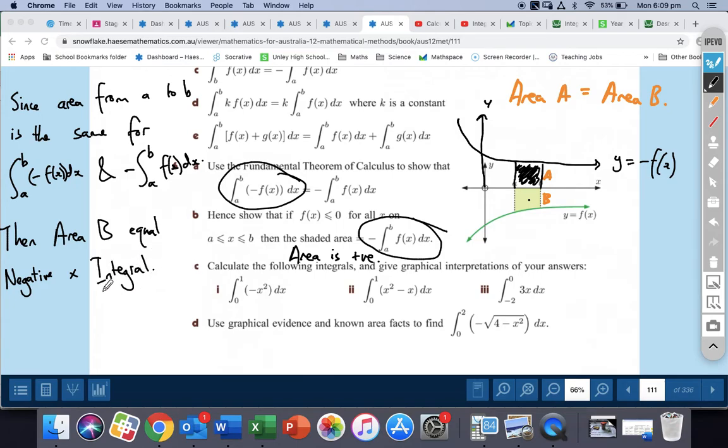So it's possible to get these negative integrals under curves, and you will see them. I won't talk about it anymore, but you're going to start seeing that.